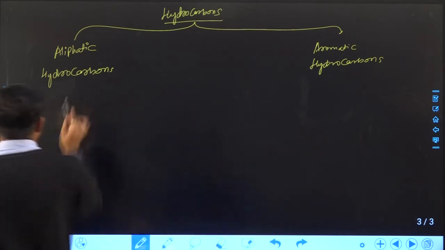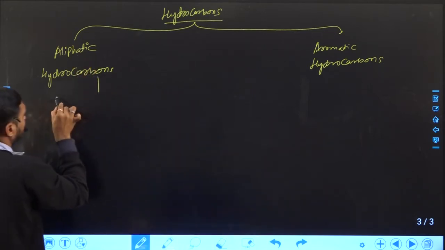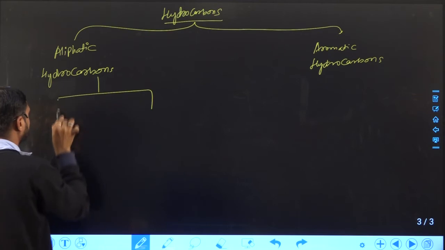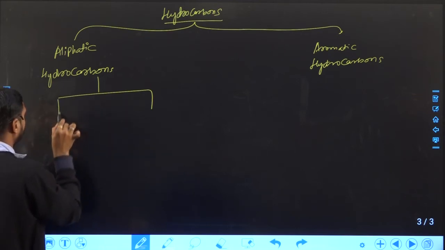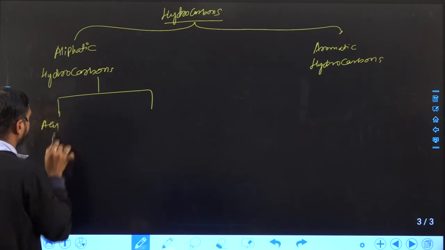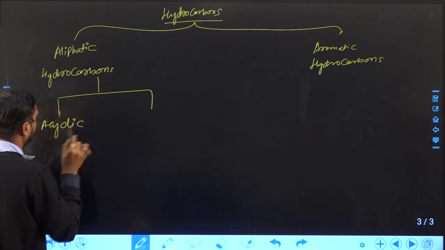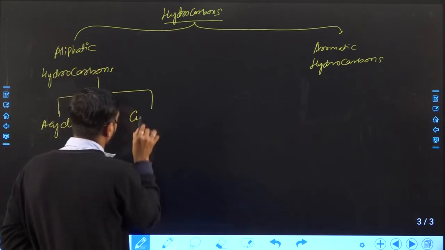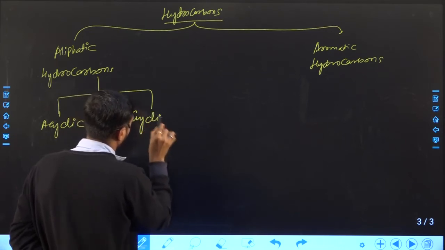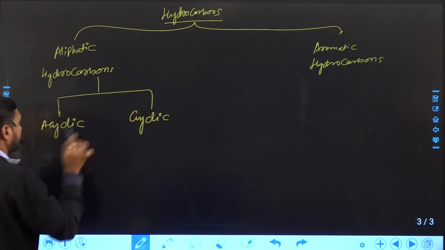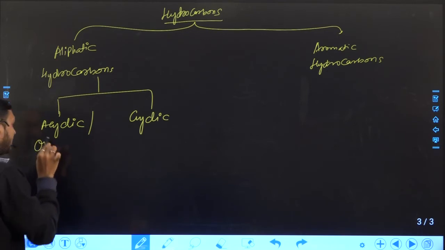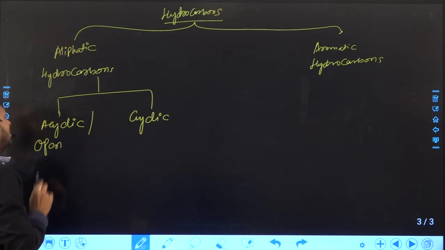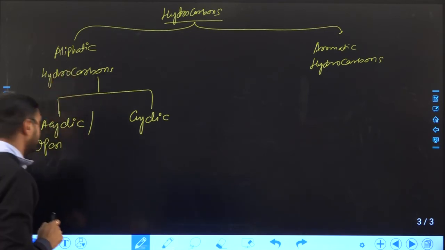Again, aliphatic hydrocarbon is divided into two parts. One is acyclic aliphatic hydrocarbon and the other is cyclic aliphatic hydrocarbon. Acyclic is nothing but open compounds, or open aliphatic hydrocarbons.